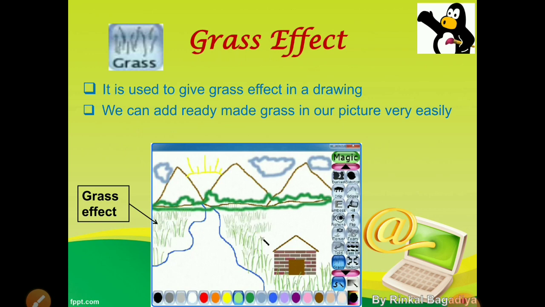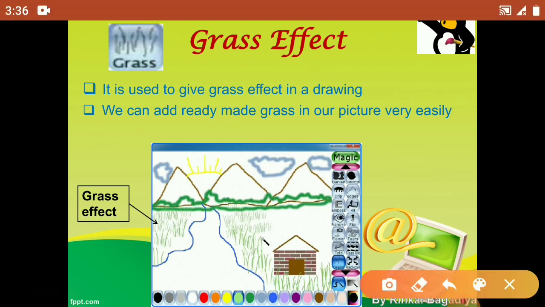Now on the screen you can see the Tux Paint window, and in that the grass effect is also given. When we use the grass effect tool, it will draw grass like this. It will draw green color grass. So let's see practically how we can use grass effect in our drawing.